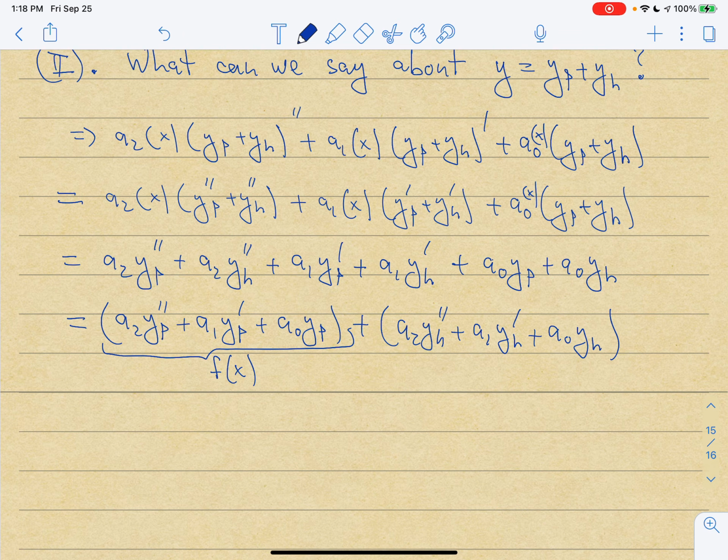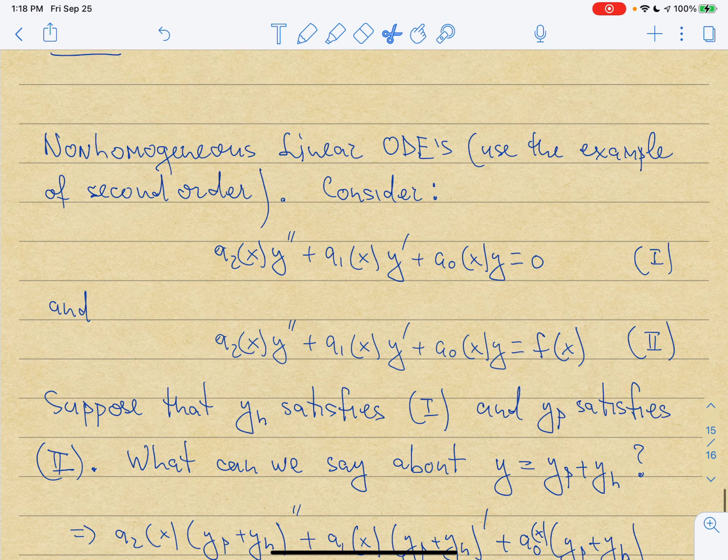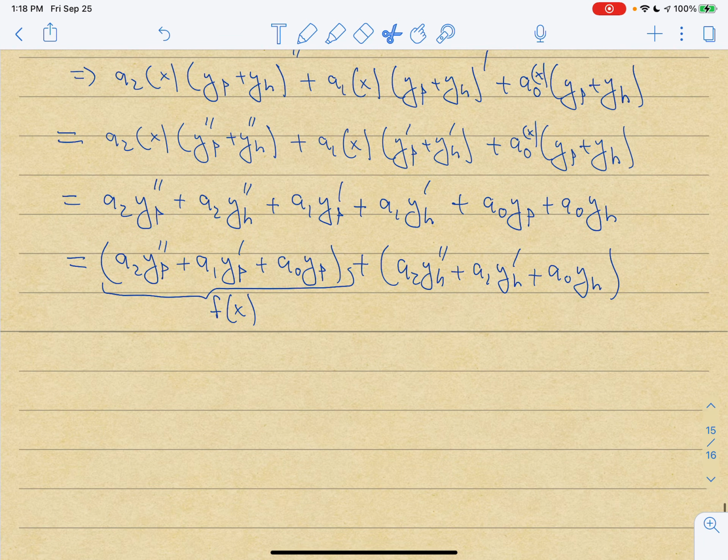And likewise, the expression over here is the same as the expression on the left of the homogeneous equation, of which I know yh is a solution. So this parenthesis is equal to 0. And so when I add all of these things together, I get f of x.